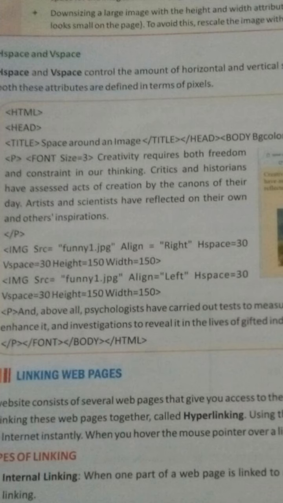And height and width, I also told you about changing the size of the image. Height is given 150 and width is given 150. Height and width, as yesterday I told you, can be given in percentage also, and in pixels also.